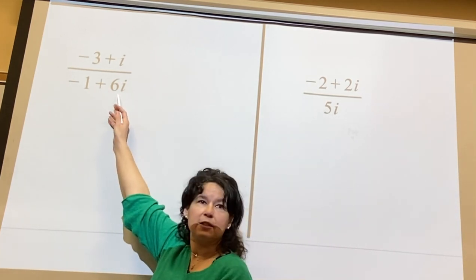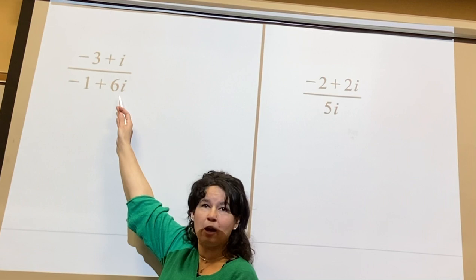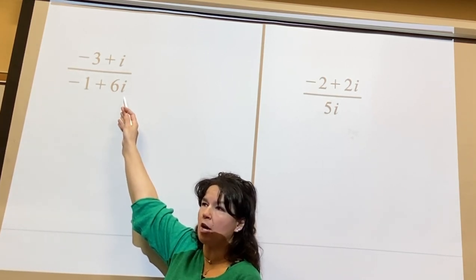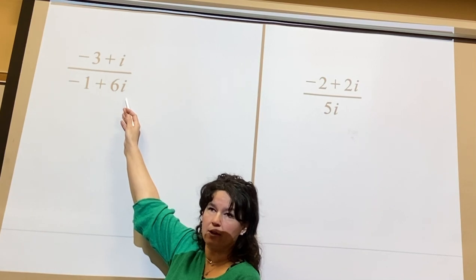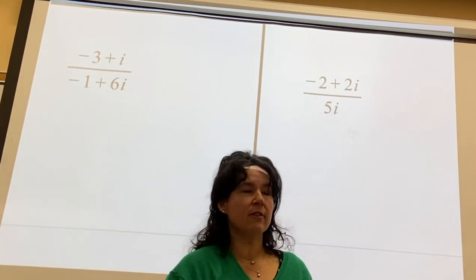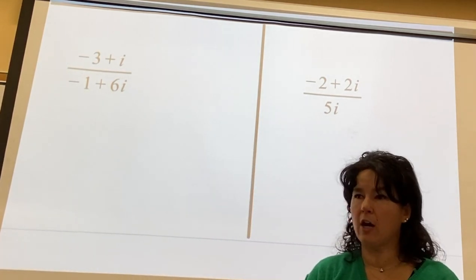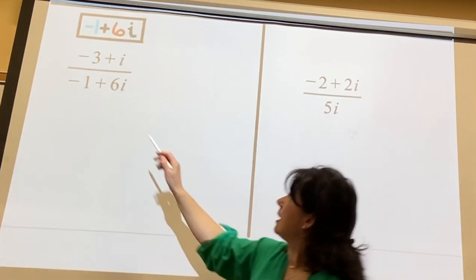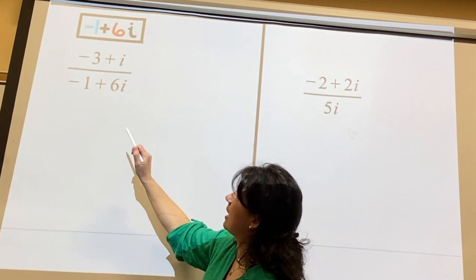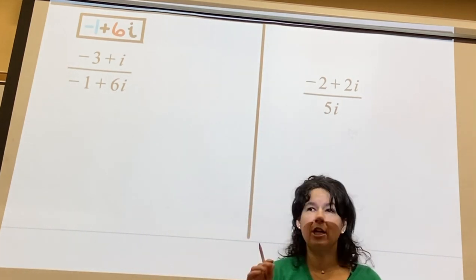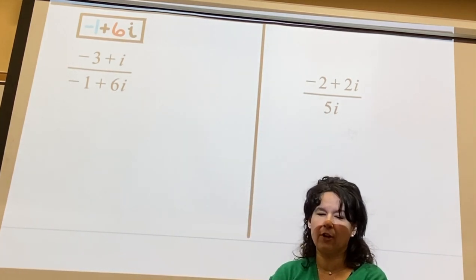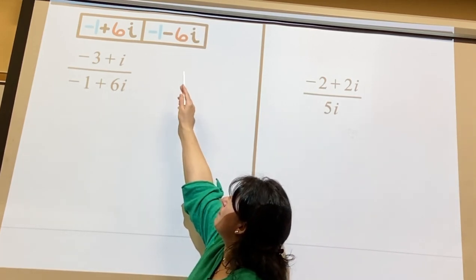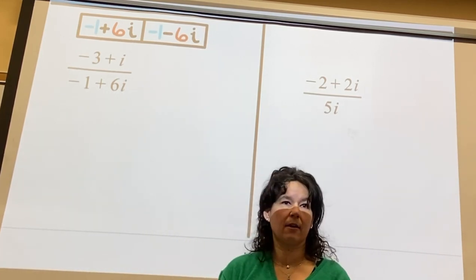Your thought process again is, I see an i in the denominator, and fractions with i's in the denominator are not considered simplified. So to get rid of an i in the denominator, you multiply by the conjugate. Okay, so my denominator here again is negative 1 plus 6i. You only change the sign on the i's for your conjugate. So the conjugate is negative 1 minus 6i.